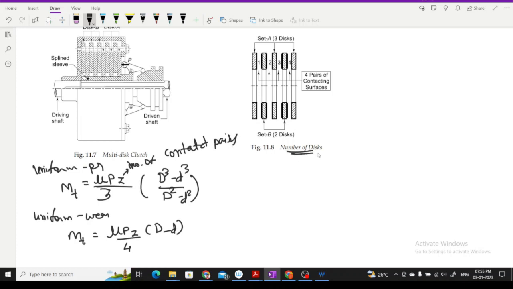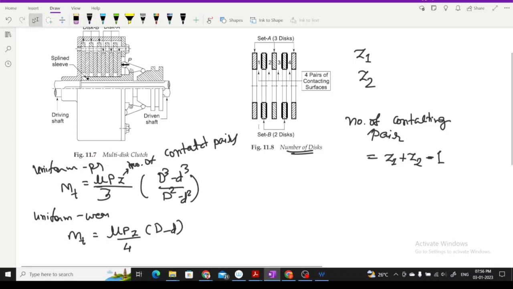So as given, the number of discs on the driving and driven shafts may be Z1 and Z2 respectively. But the number of contacting pairs is given by Z1 plus Z2 minus 1, right? Why? Because there will be one less contacting pair in comparison to the total number of discs.